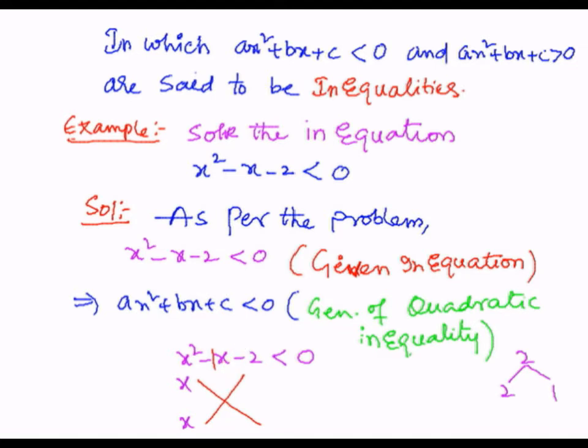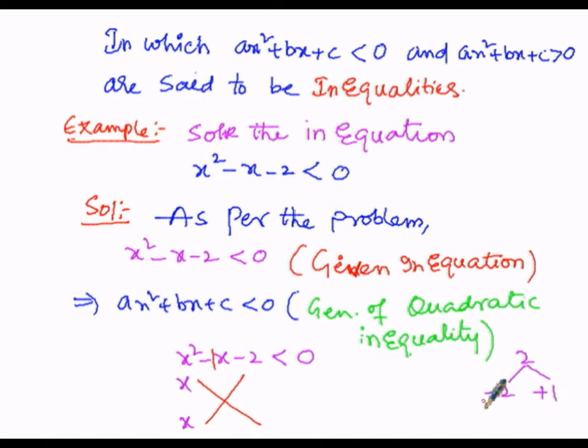To get the middle term as minus 1x, the greater one among 2 and 1 is 2, so it must be assigned the minus sign. Minus of minus will be plus. Then we add 2 plus 1, which is 3, but it is not the coefficient of x, the middle term, so it must be assigned the positive sign.